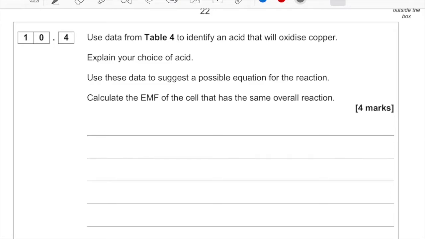If copper is being oxidized, then that must be the more negative half cell, which means that the acid must be more positive because the acid's being reduced.